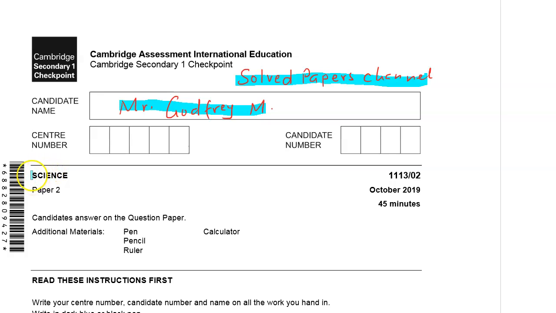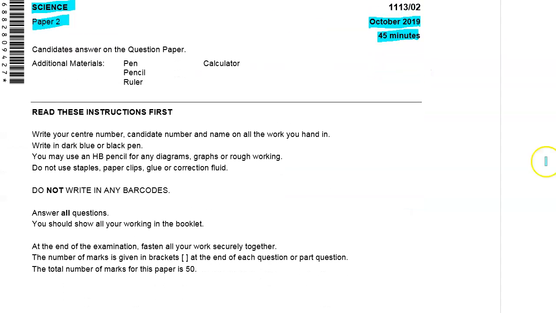In this video, I'll be solving a science paper, Checkpoint Secondary 1, Cambridge. This is paper 2 of October 2019. Total time required to solve this paper is 45 minutes. The instructions are indicated there.